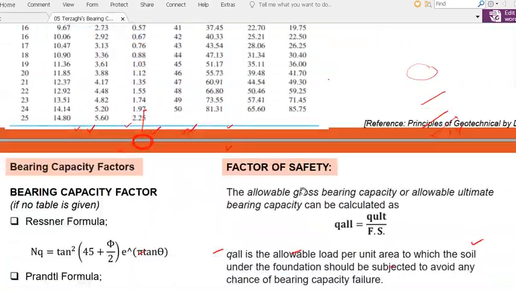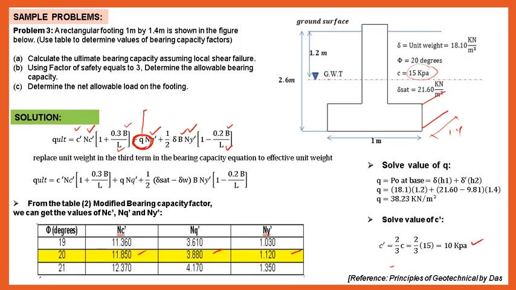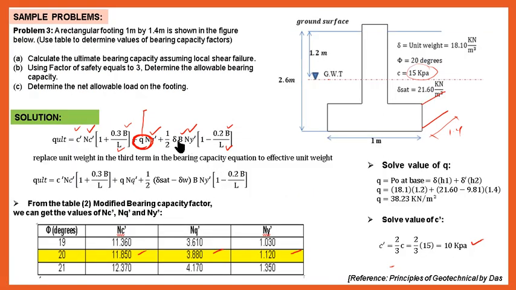Here, this will be our Q: unit weight times DF minus D plus unit weight prime times D. And then, the unit weight in our third term is equal to the saturated minus unit weight of water. So, we will replace this. You cannot just substitute the values of the unit weight here. We have the effect of groundwater.